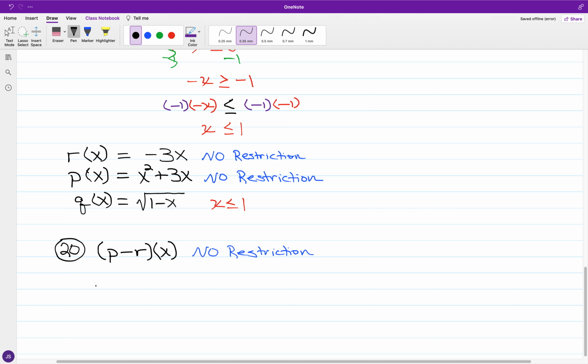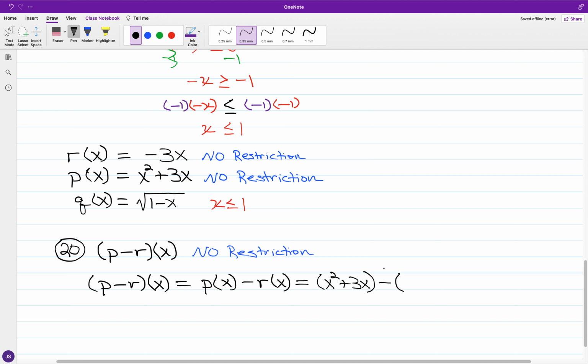And looking at what we have for p minus r of x, we're looking at p of x minus r of x, and looking at the specific expressions, for p of x we have x squared plus 3x, and we have minus r of x, where r of x is negative 3x.